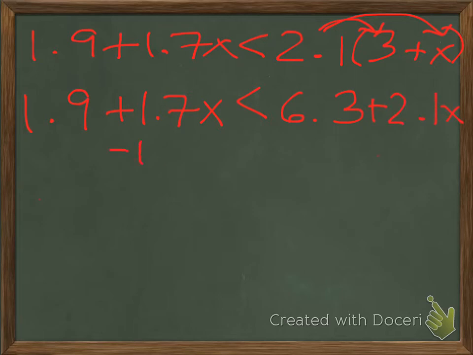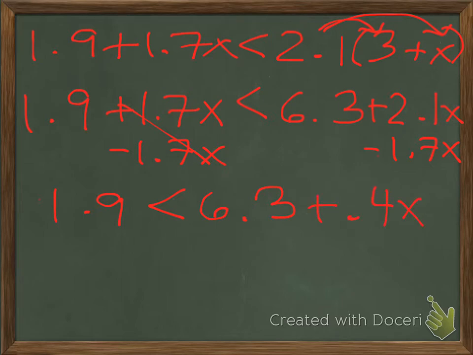I'm going to combine my variable terms. I subtract because it's positive, so I get 1.9 is less than 6.3, and then 2.1 minus 1.7 gives me 0.4. And again, combine my like terms, subtract the 6.3 because it's positive.